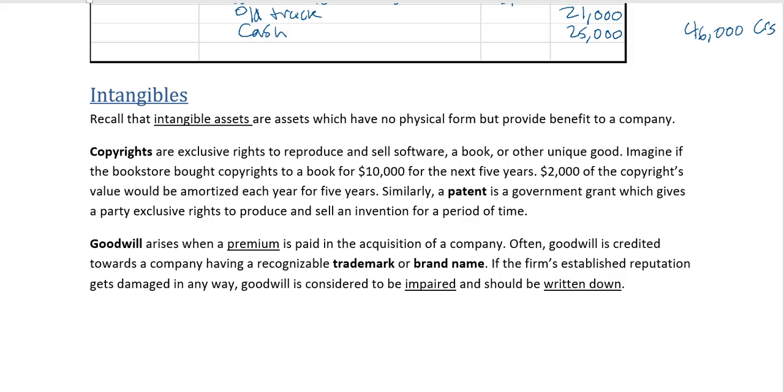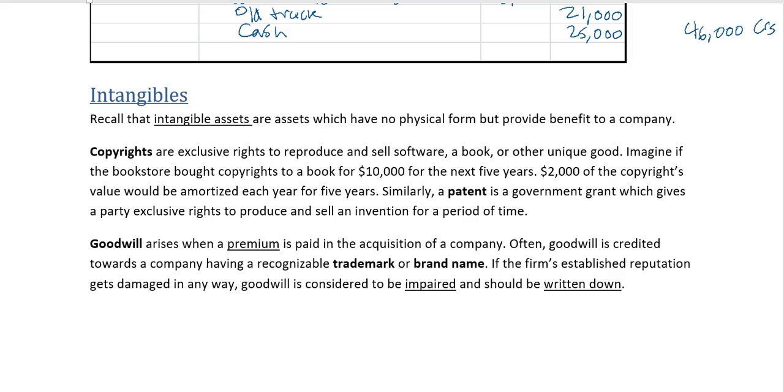However, if you check the client list after a couple of years and you notice that half of the clients are no longer with you, they've moved on because they didn't want to switch mechanics, but they wanted to use somebody else, then you should write down half of the goodwill. So there's some kind of quasi-science to this, pseudoscience, I should say, maybe a better word, but that's kind of what it means.